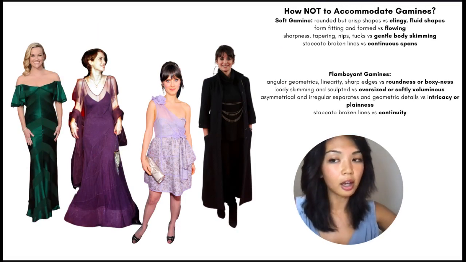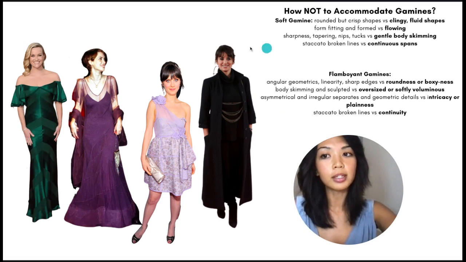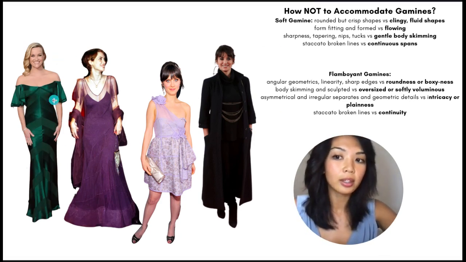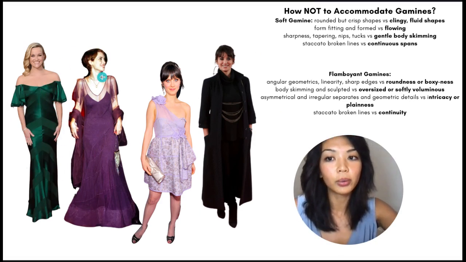And how do you not accommodate these modern soft gamines? You're going to put Reese in something very wide, flowy, with large angular details. She's going to get lost in that. You're going to put Winona in something very long, fluid, drapey, no structure.